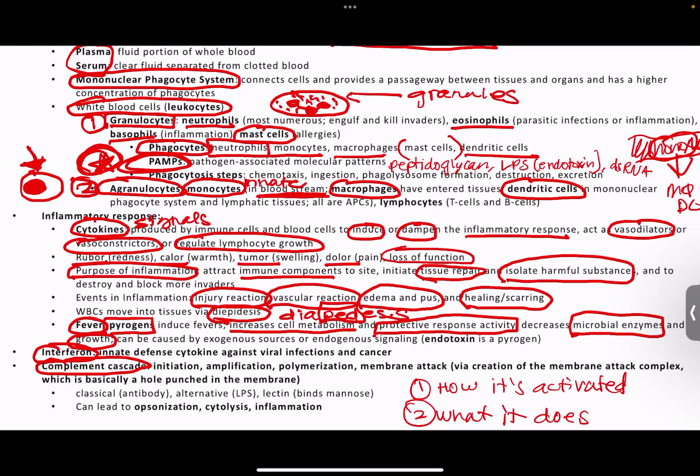But once you see one of the three triggers, there's three different ways to activate it. Let's say you're a complement protein, just trotting around in the bloodstream, having a great old day. And then you see, I don't know, LPS floating around in the bloodstream. You'd be like, okay, we're ready to go.